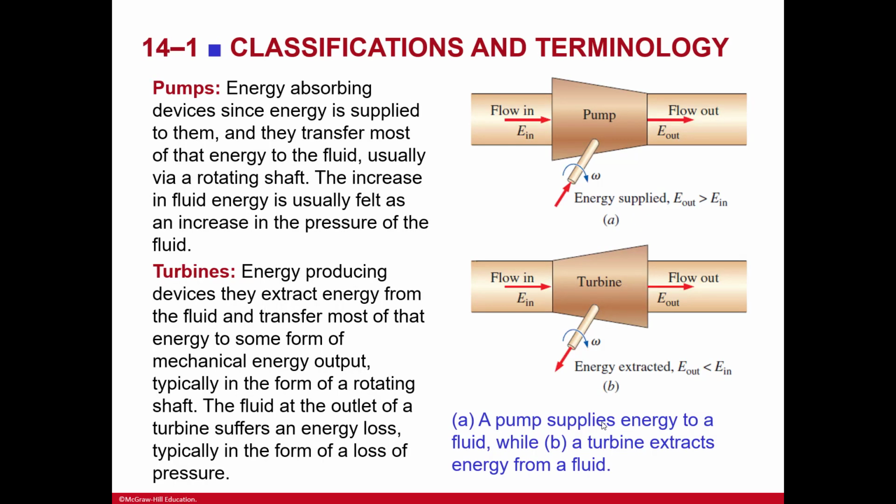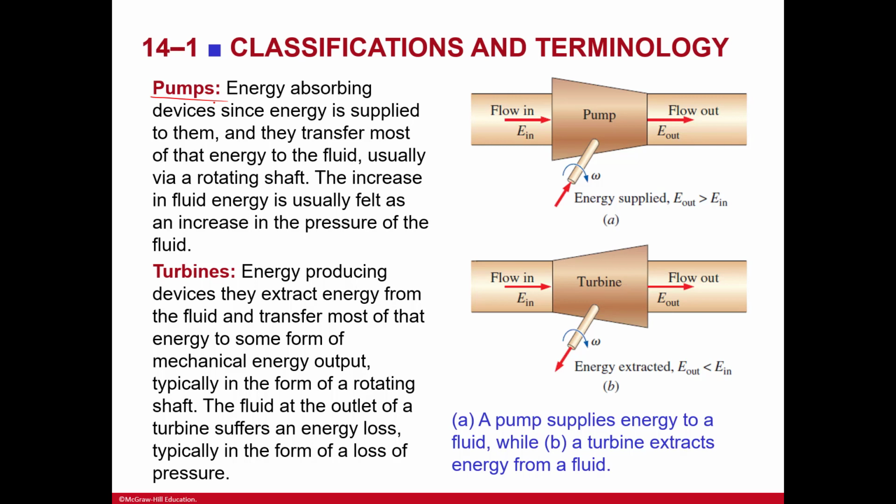Classifications and terminology. A pump, which is what we are going to be focusing on, is an energy absorbing device, since energy is supplied to them, and they transfer most of that energy to the fluid, usually via a rotating shaft. In work, the increase in fluid energy is usually felt as an increase in the pressure of the fluid.